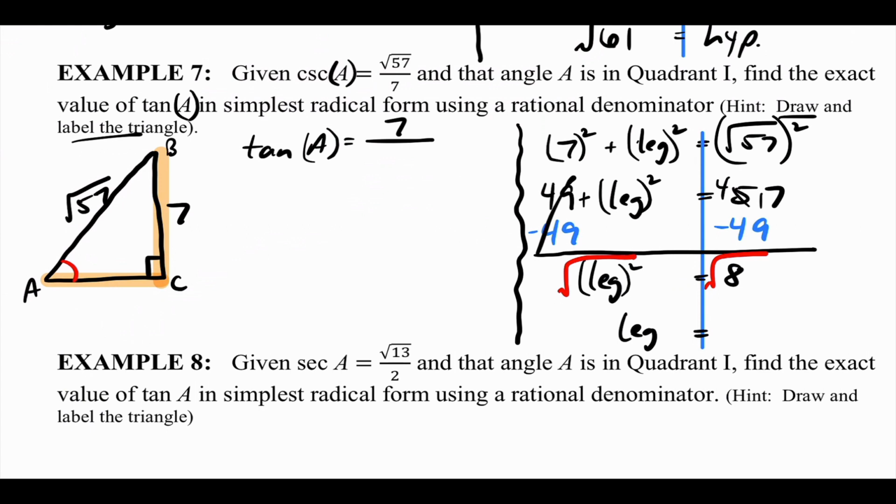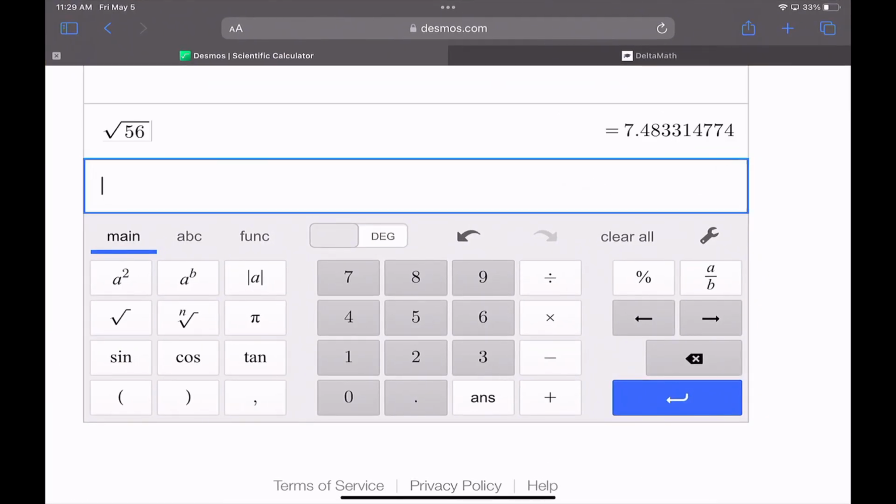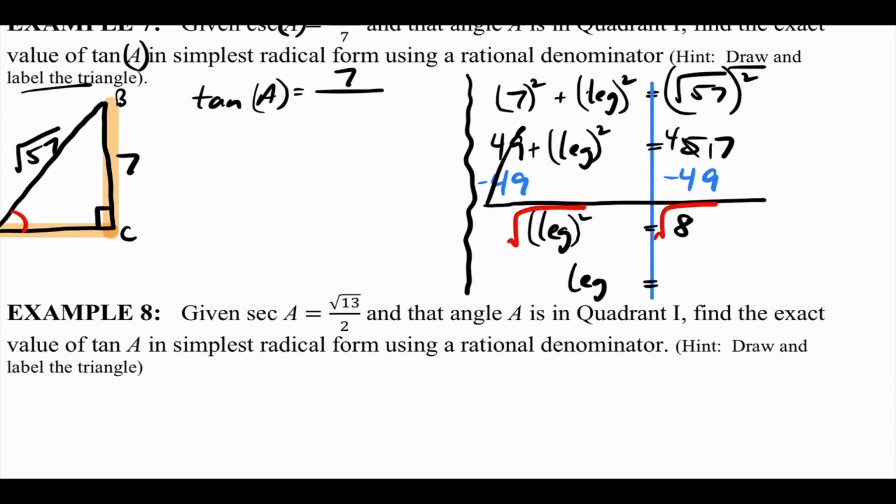Square root of 8 is not going to be a nice, pretty number. Square root of 8. Look for pairs. So let's look for pairs in 8. 8's got a pair of 2s.